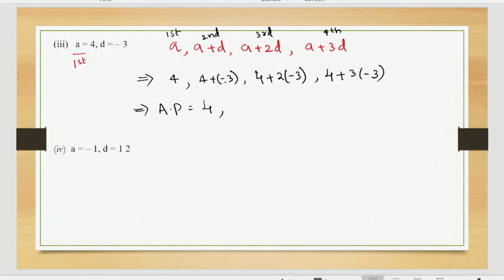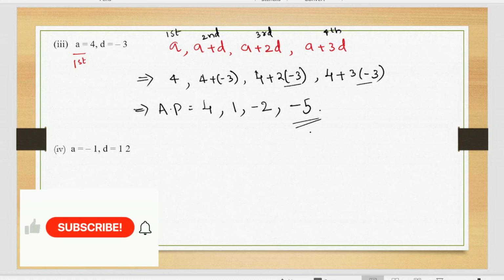Plus into minus is minus, 4 minus 3 is 1. Plus into minus is minus, 4 minus 6 is minus 2. 4 minus 9 is minus 5. So these are the 4 terms of the AP.